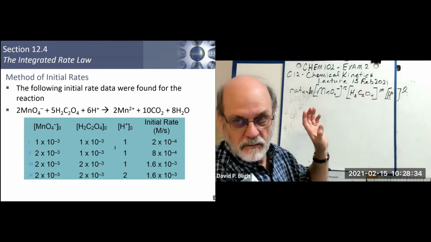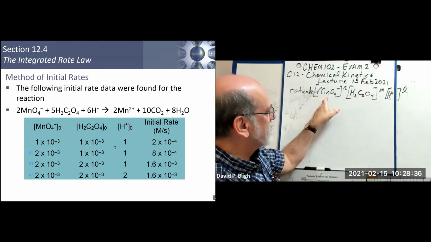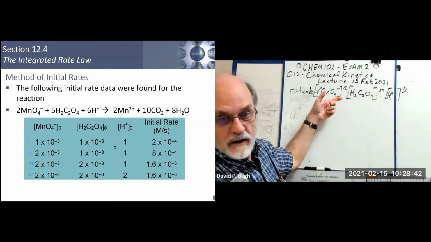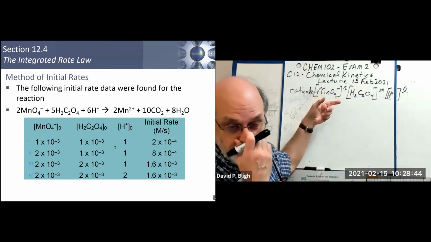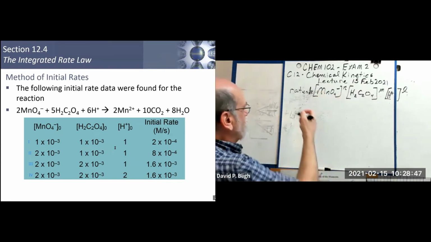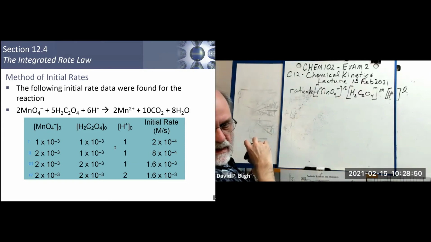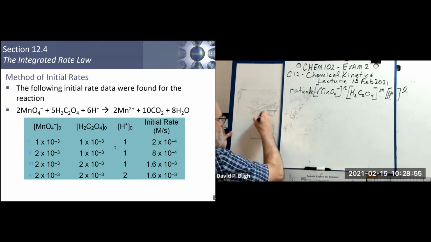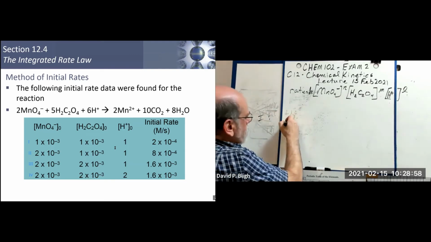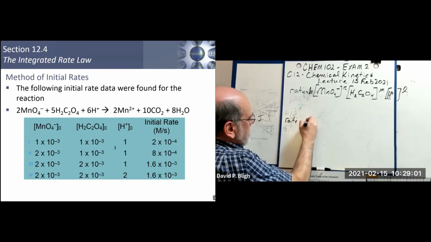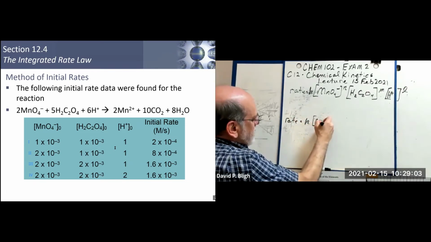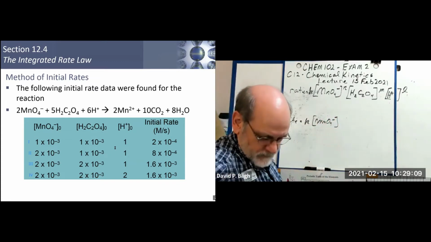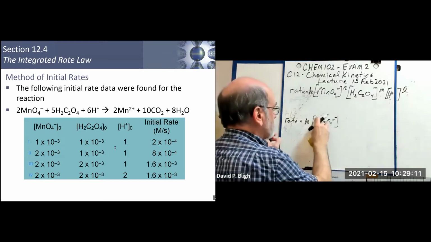So if we plug in the beginning concentrations for each one of these, for the first, Roman numeral 1, we would get rate equals K times MnO4 minus, oops, sorry. If we're going to plug in the values, we might as well do it.